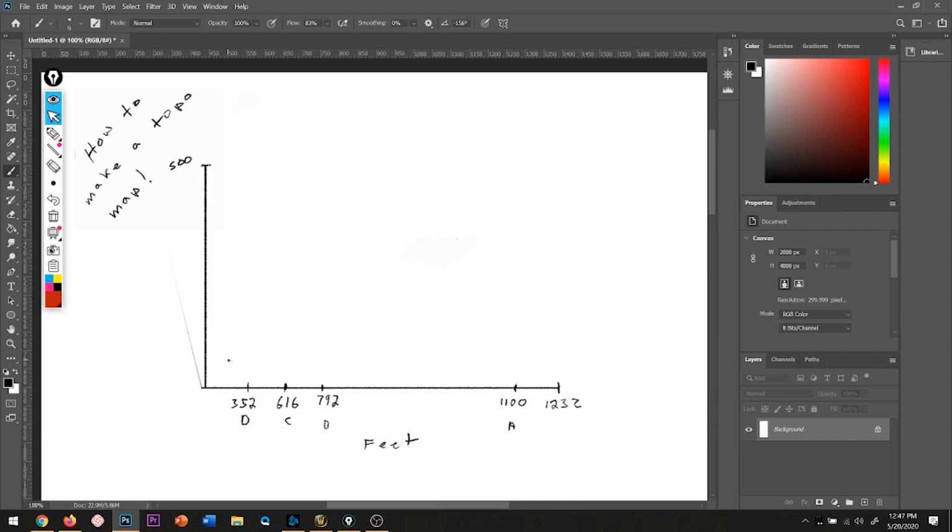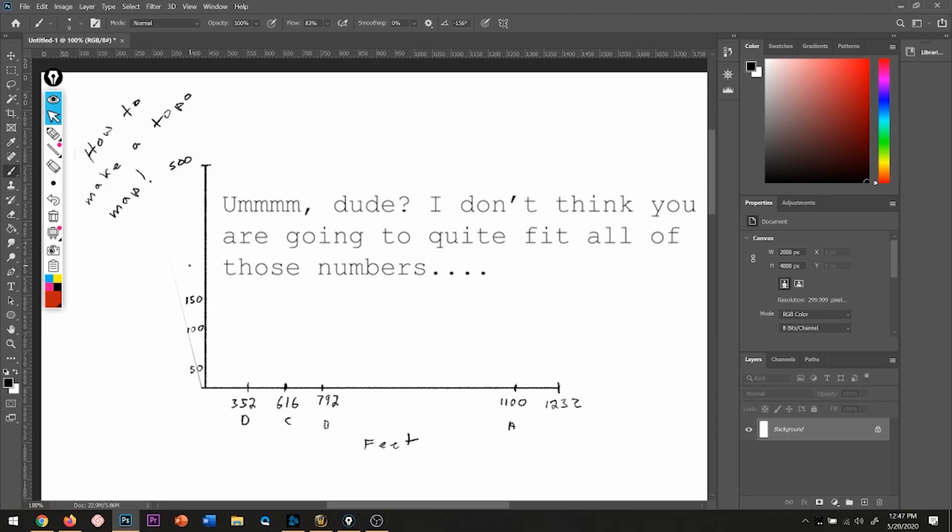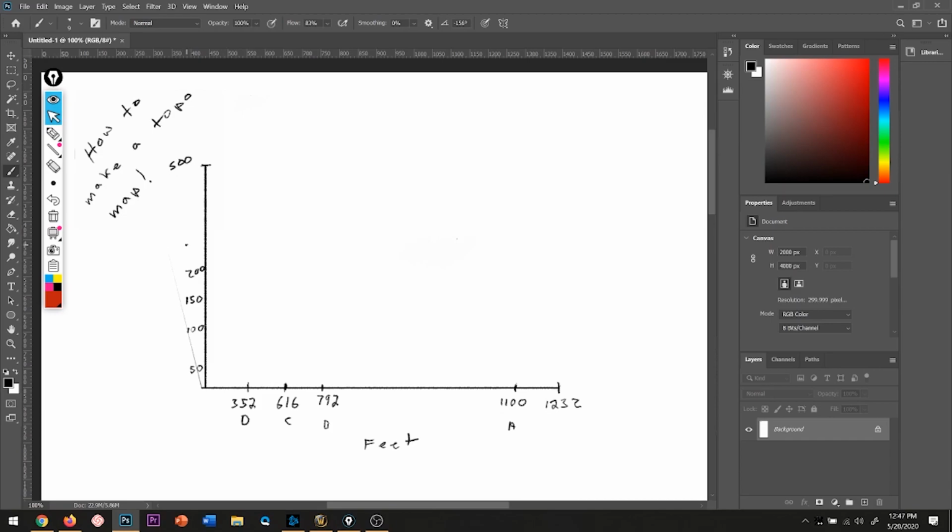So, and then we'll go in increments. Let's just go 50 feet. So we'll go 50, 100, 150, 200, 250, 300.